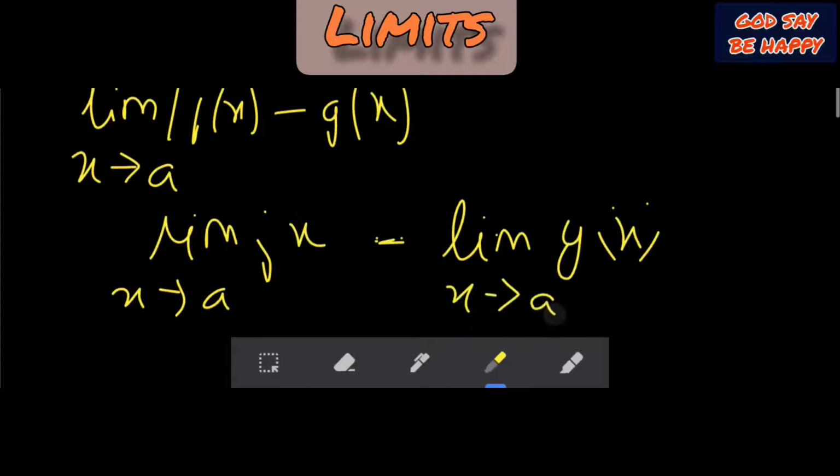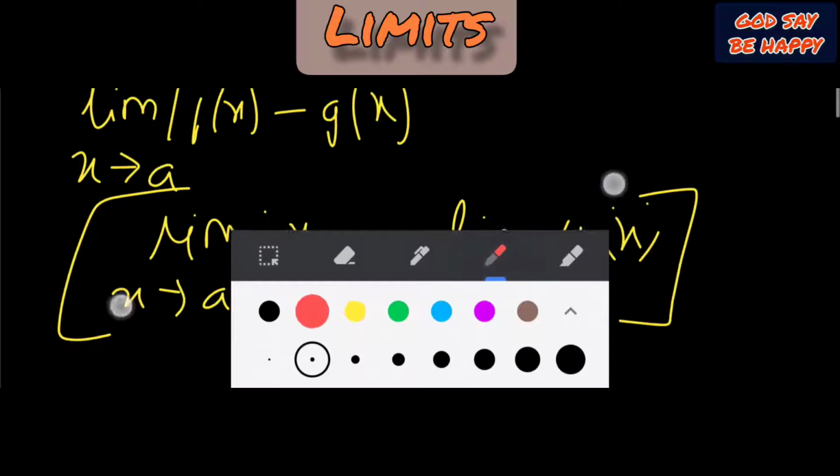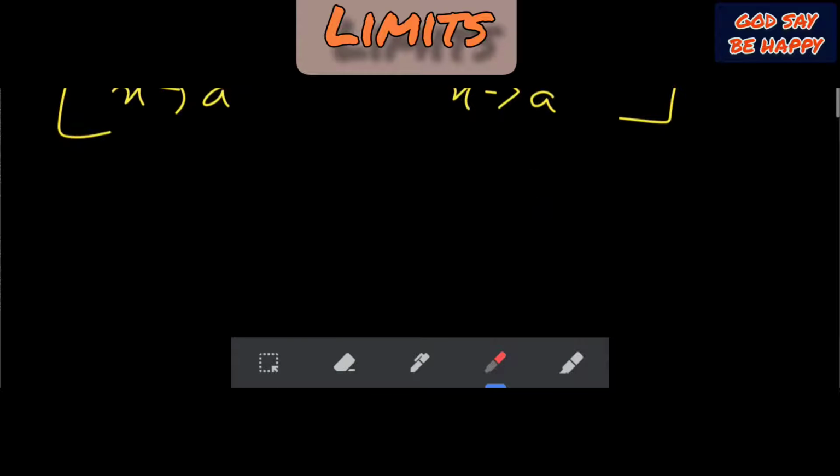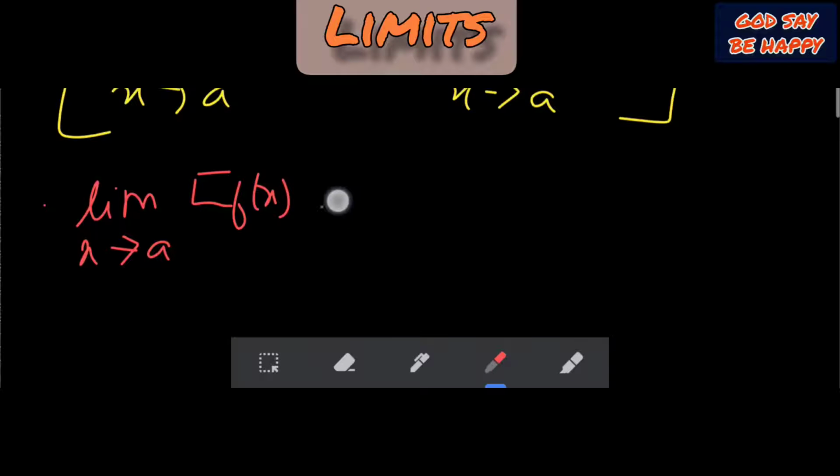We can calculate the limit individually and then we can subtract. Now for multiplication, limit x tending to a, f x is function of x, g x is function of x.